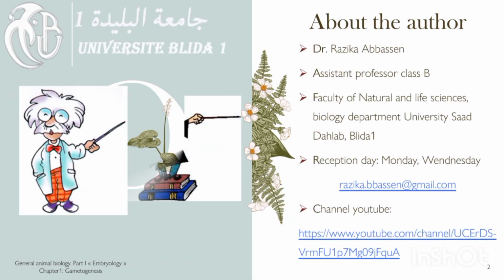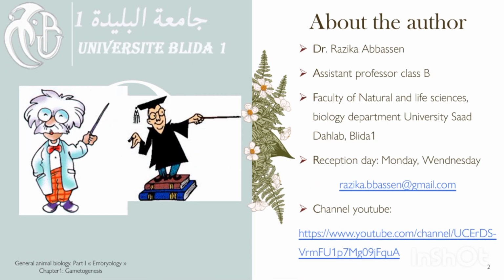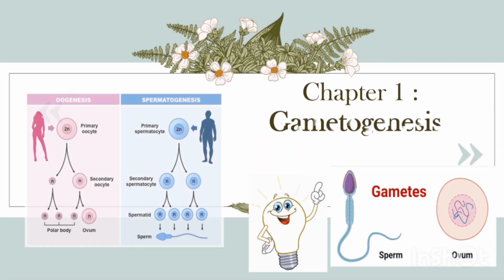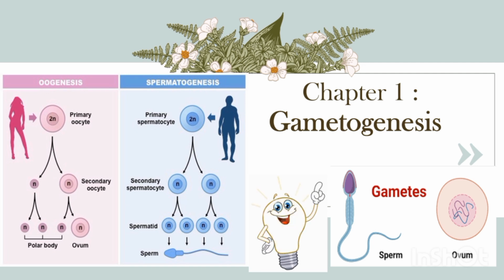In this video, we will explore the main points of the first chapter of our embryology course. This chapter 1 is about gametogenesis, which is the formation of male gametes, spermatozoa, and female gametes, ova.